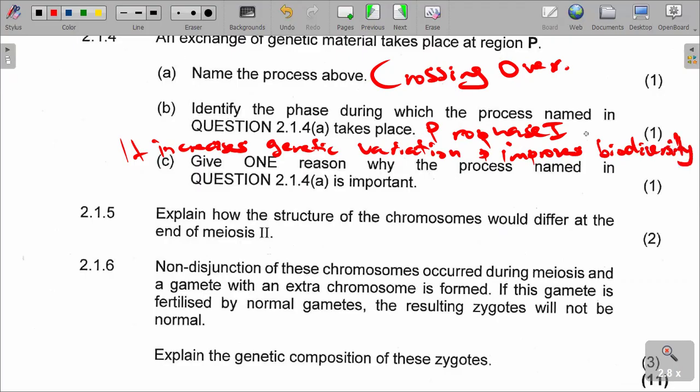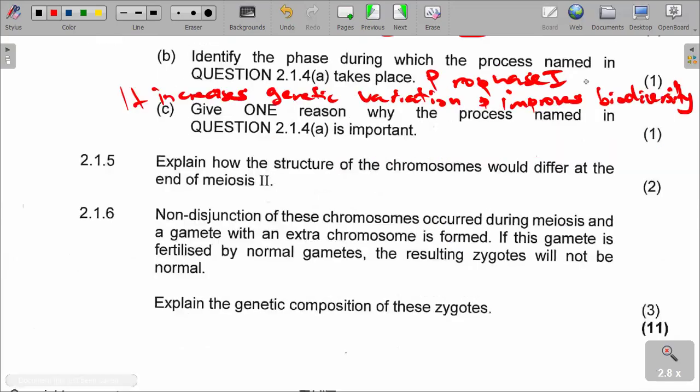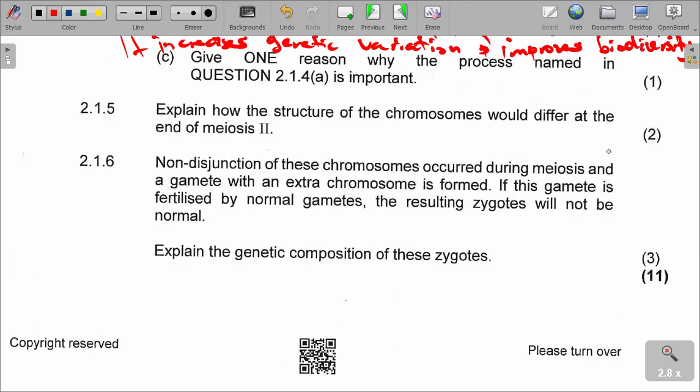So in meiosis, we are saying it increases genetic variation, which also increases survival of organisms.